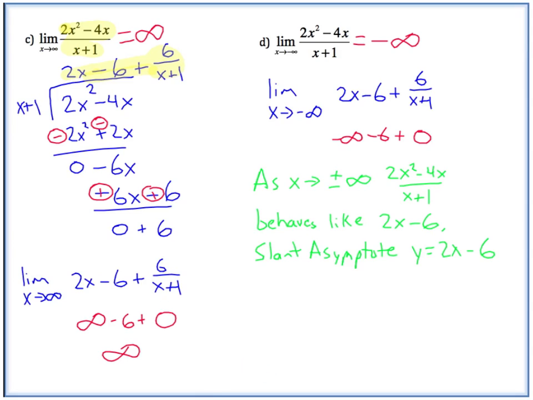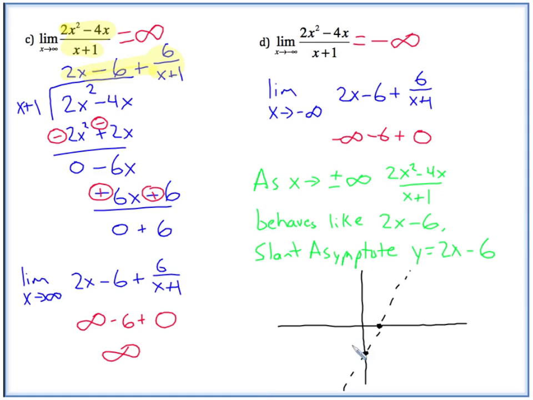So if we were going to draw a graph, we could draw the line 2x minus 6. So we'll just have this here at negative 6. This will be at 3, 0. And this would actually become an asymptote.